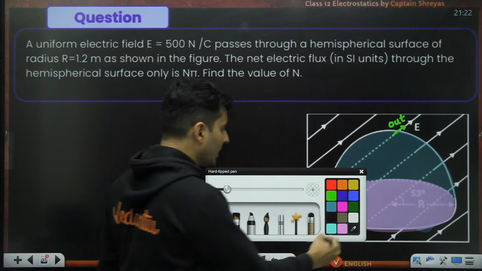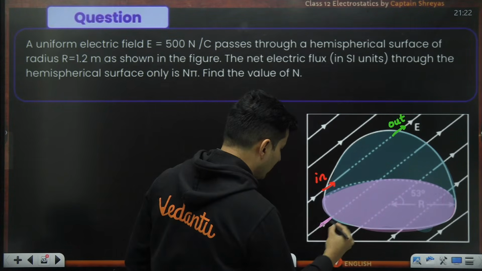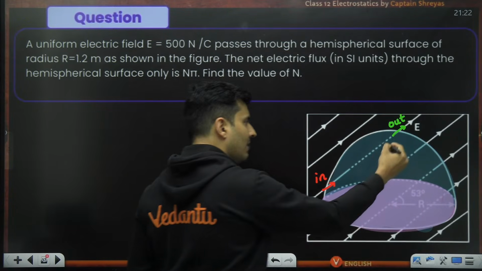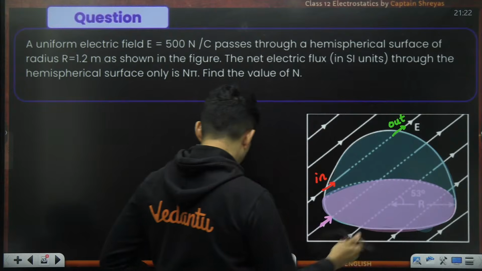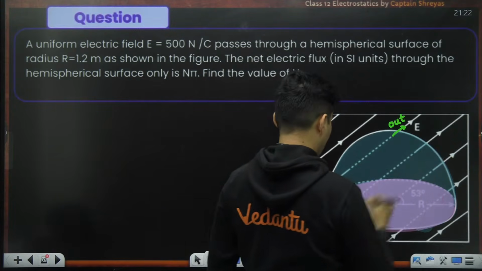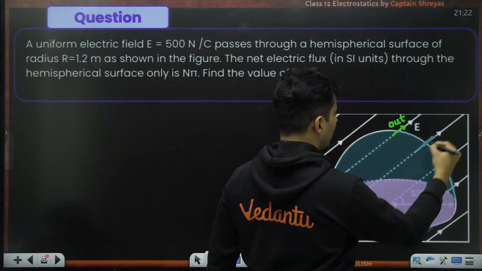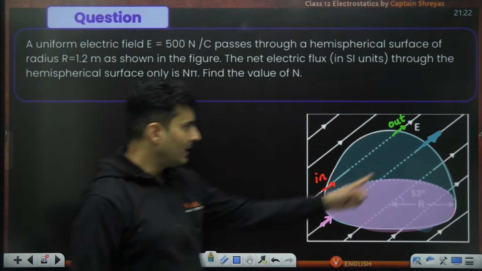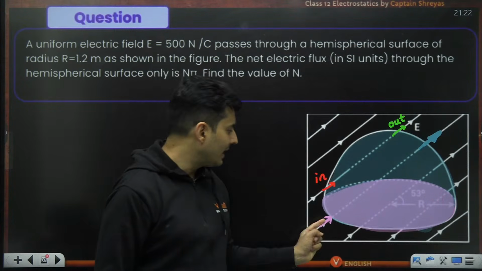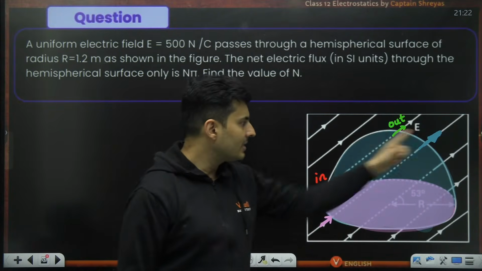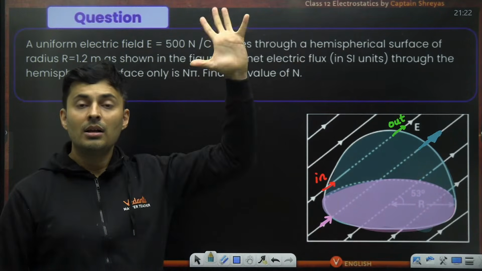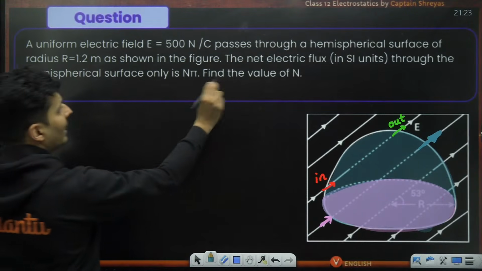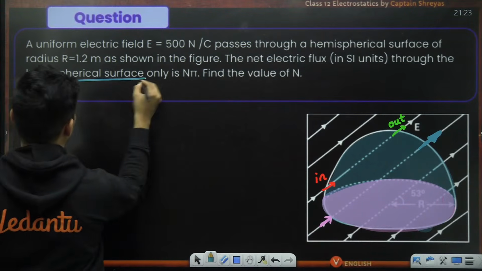But whatever flux is going in over here, that same flux magnitude is also coming out from here. So the number of lines cutting through the circular base is the same as the number of lines cutting through the curved surface.